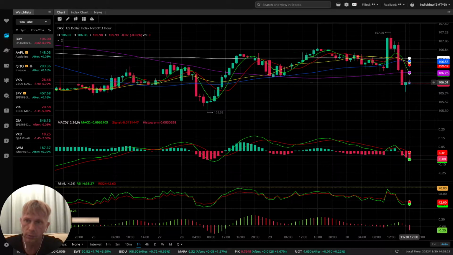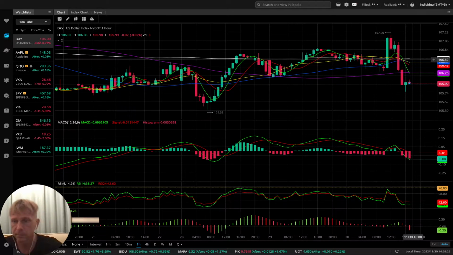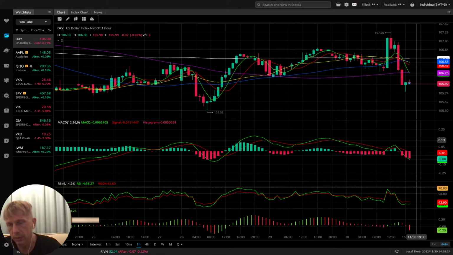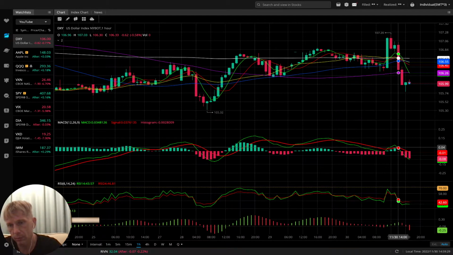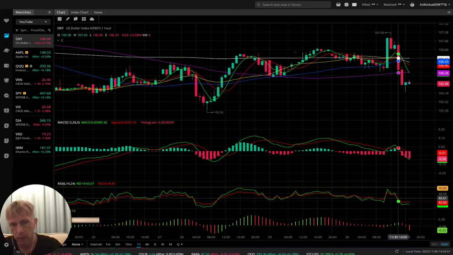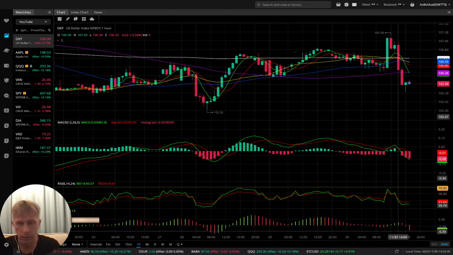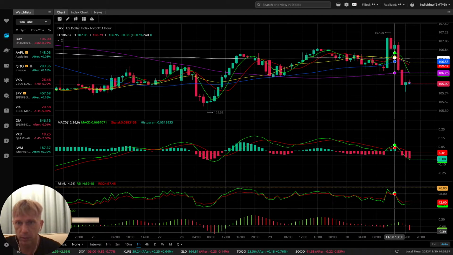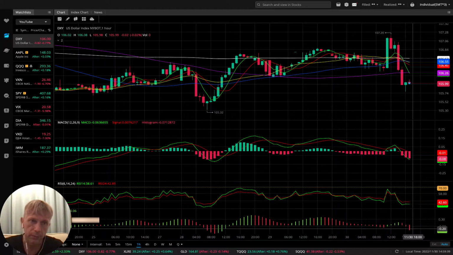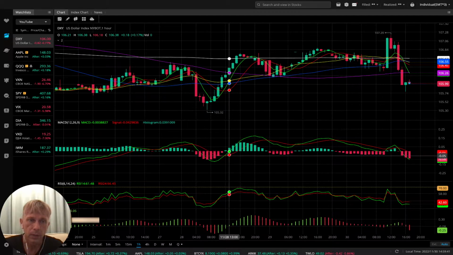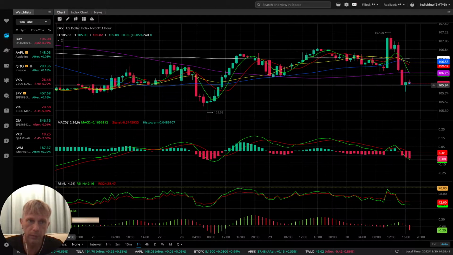And remember, as usual, it wants to go back to MA20. MACD did a bearish crossover, RSI bearish crossover, all indicators, and also the oscillator are in a bearish trend. Bearish trend for dollar is bullish for indexes on 1 hour, right?